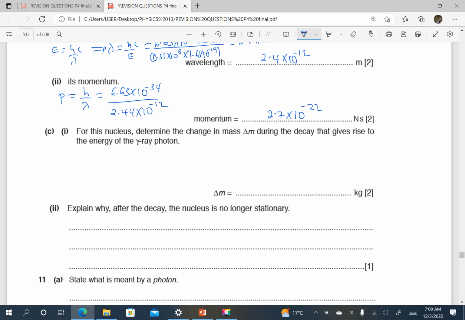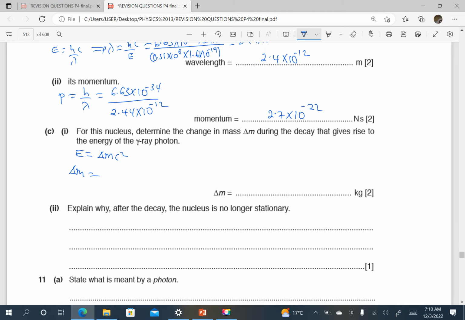For this nucleus, determine the change in mass, delta m, during the decay that gives rise to the energy of the gamma ray photon. We want the mass. Of course, now the only formula which involves energy and mass is this formula here. Energy is equal to delta m times c squared, that is Einstein's equation. So we want delta m, the change in mass.